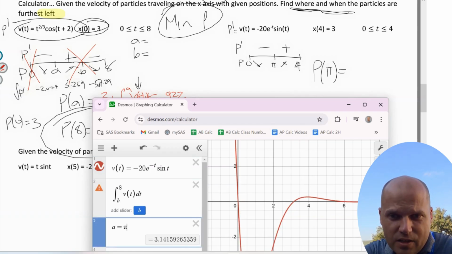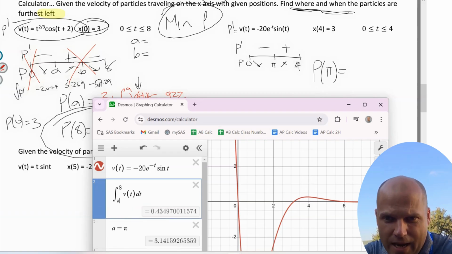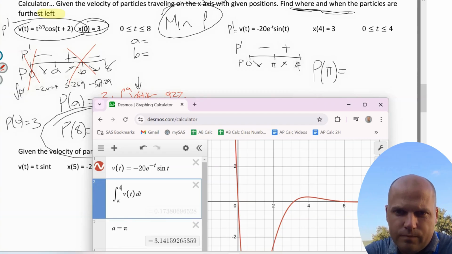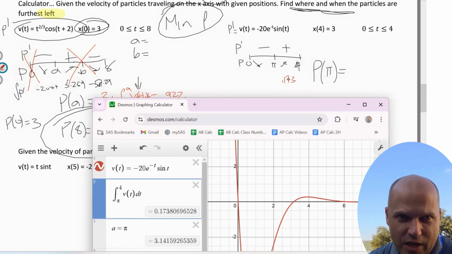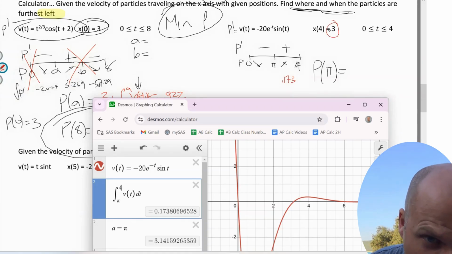You need to find your accumulation from pi, or a, to 4. Okay, what does this mean? Your position increases 0.173. It increases 0.173 to get to the position of 3 at time 4.